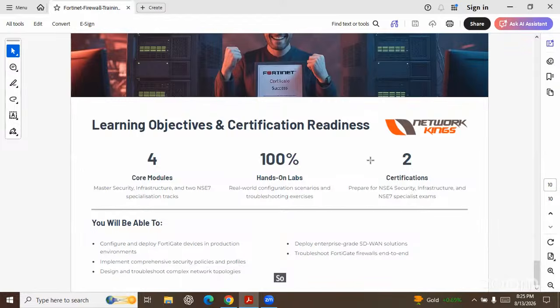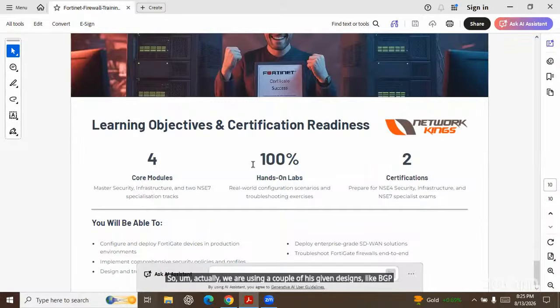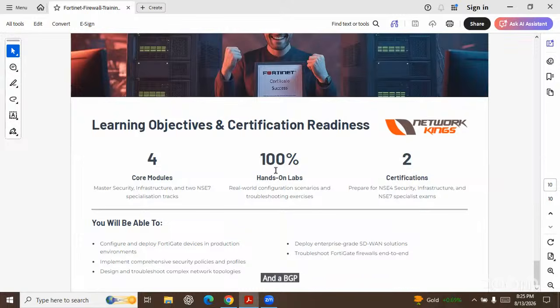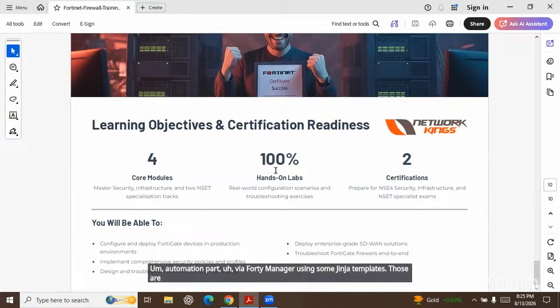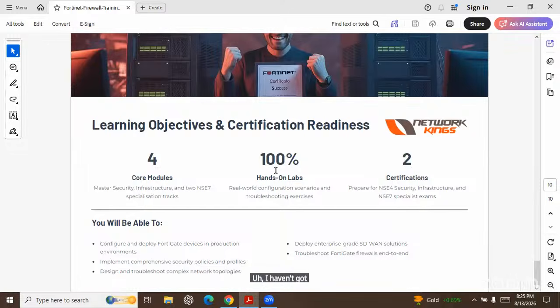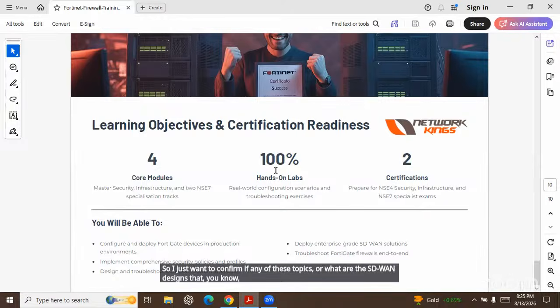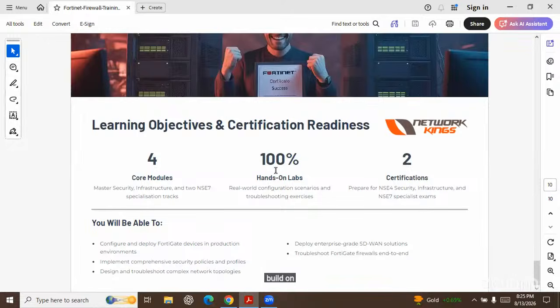We are using a couple of SD-WAN designs like BGP over loopback and BGP self-healing with route tagging. I want to go deeper and learn more about the automation part via FortiManager using some Jinja templates. Those are quite new, I haven't had any chance to work on them. So I just want to confirm which of these topics, or what SD-WAN designs, we are going to build in the lab in this course.